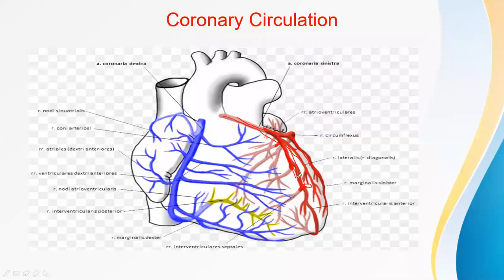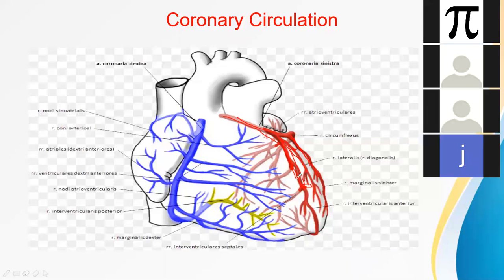Once the heart cannot get the blood, heart muscles will not function. If the heart muscles do not function, the heart stops pumping the blood. So this is one of the reasons most people get heart attacks.